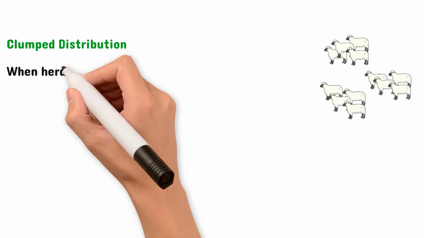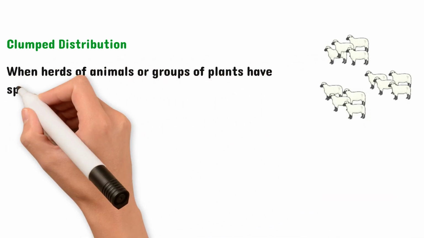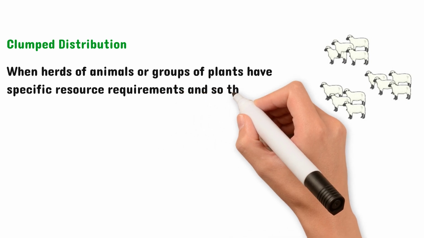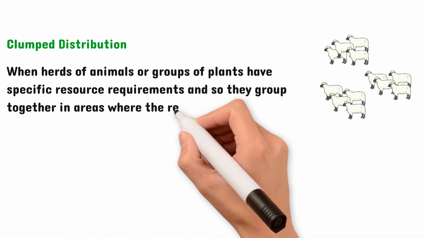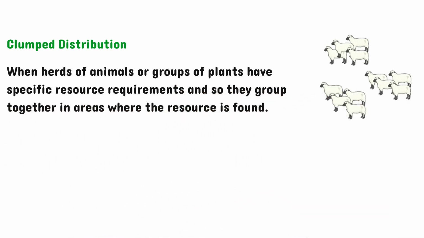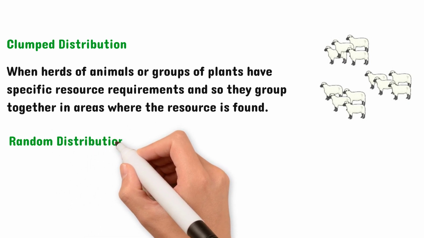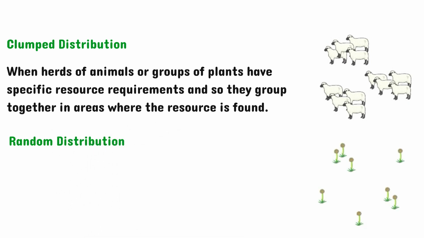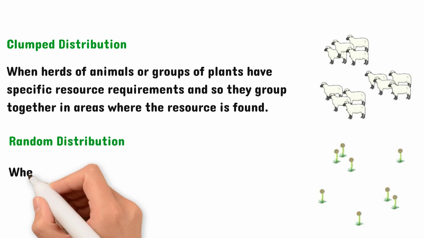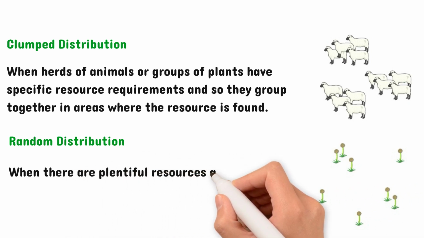In this type of distribution, we can see organisms organized in groups. This happens when animals or plants have specific resource requirements, and so they group together in areas where those resources are found. And finally, we have random distribution, and as you can see, that means the organisms are randomly scattered with no real pattern, and this happens when there's plenty of resources and no hostility.